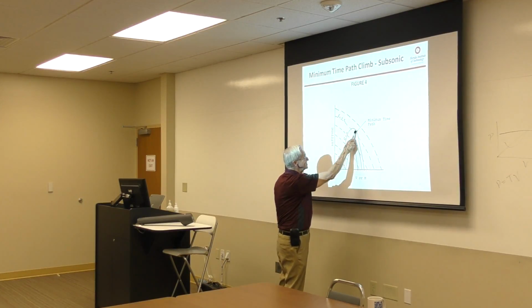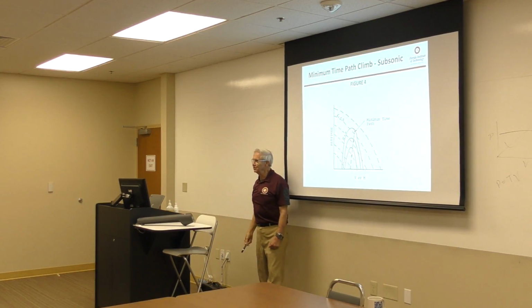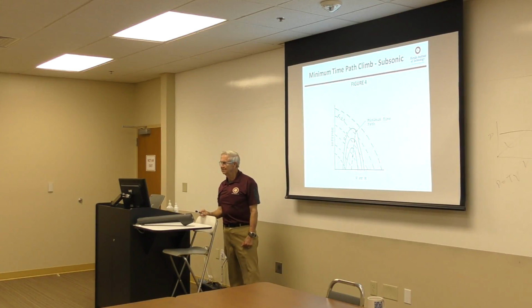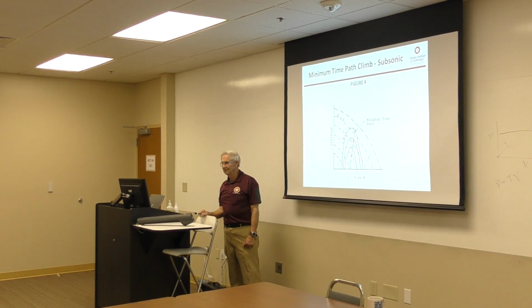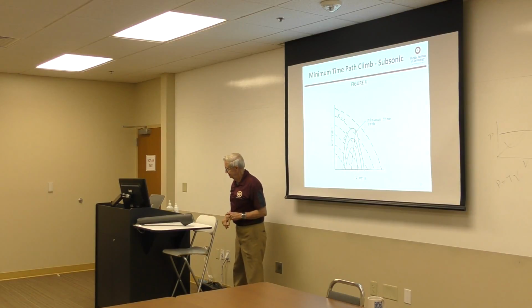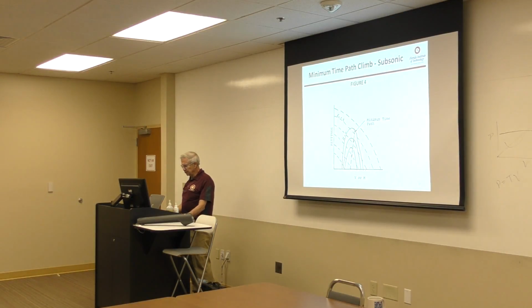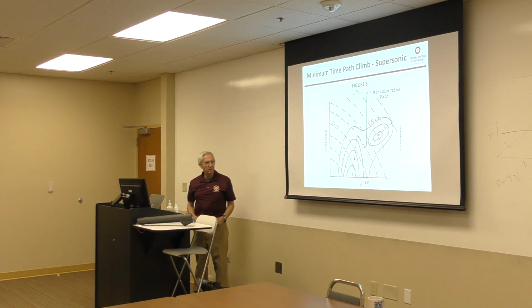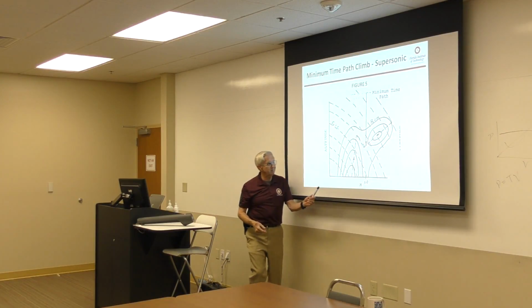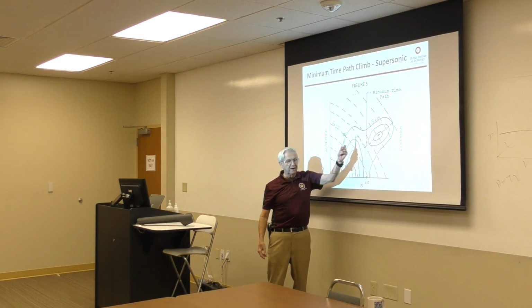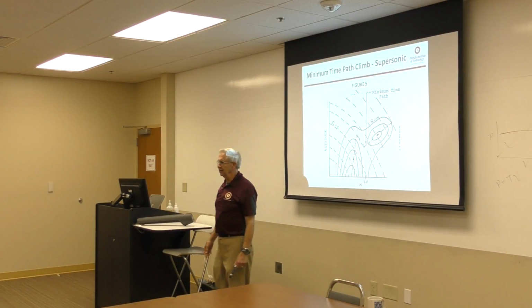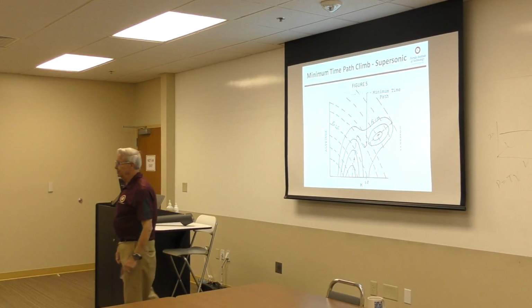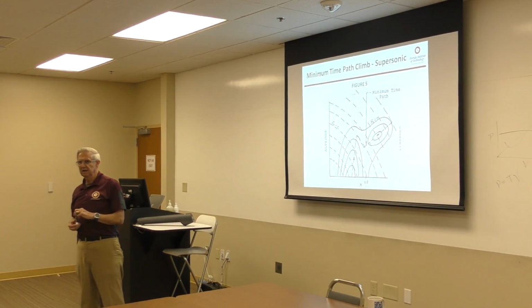And notice that is an increasing airspeed as you go to altitude. And I already talked a little bit about this, but here's the minimum time path for that interceptor who wants to get to a given speed in supersonic.